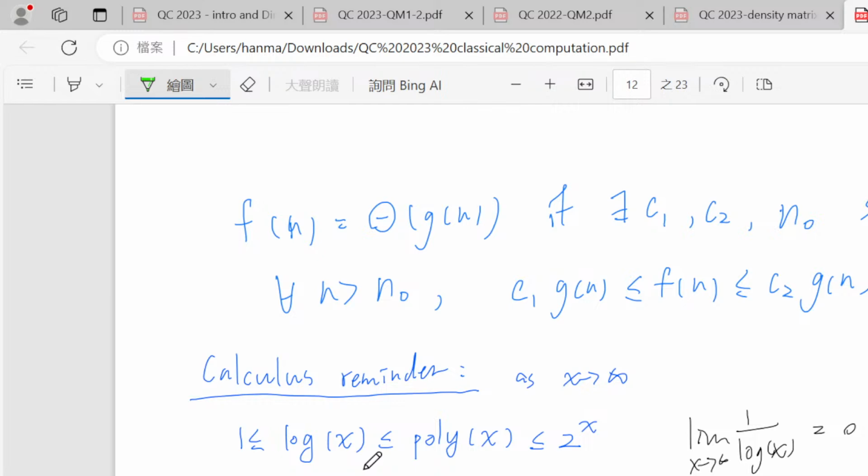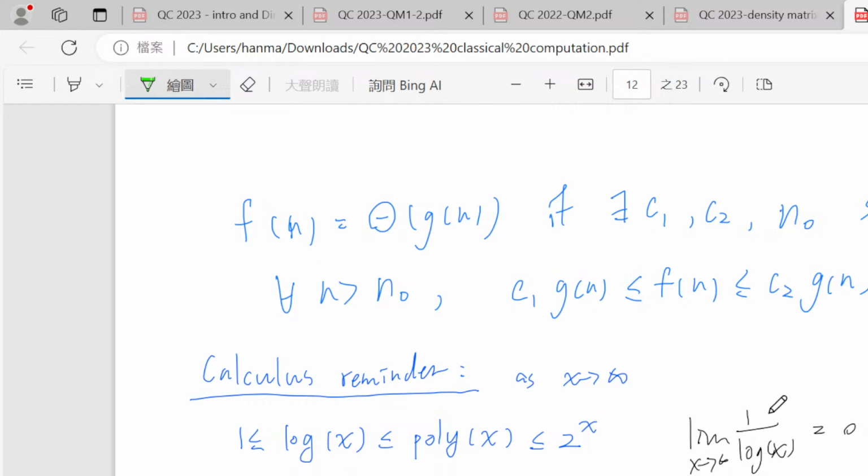There are really 4 categories that you know how they go to infinity, and which one is bigger. The constant is less than log of x, and log of x is less than any polynomial of x, and any polynomial of x is less than exponential of x.